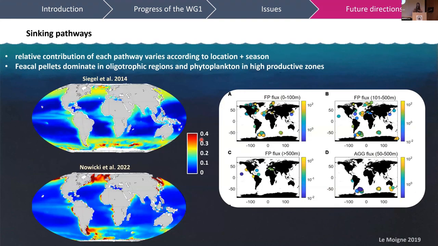The problem is we have very little information available on their relative contribution and season, and according to Siegel model and NOWIKI models, fecal pellets dominate the flux in most of the region, except in high productive zones, where the phytoplankton particles dominate. This critically hinders our understanding of the coupling between surface and deep ocean, and therefore our estimate on the carbon sink magnitude.